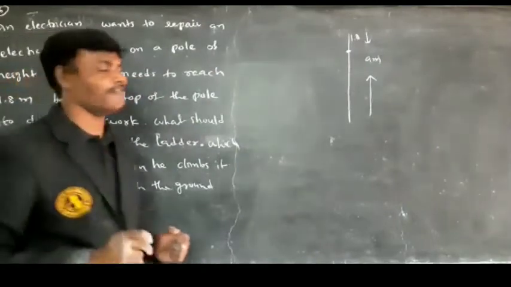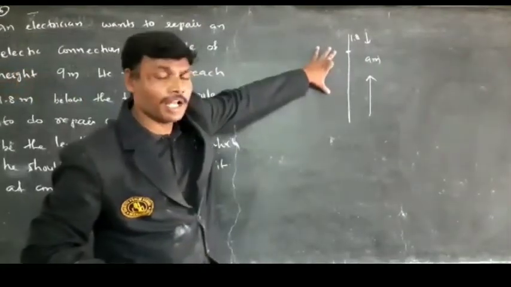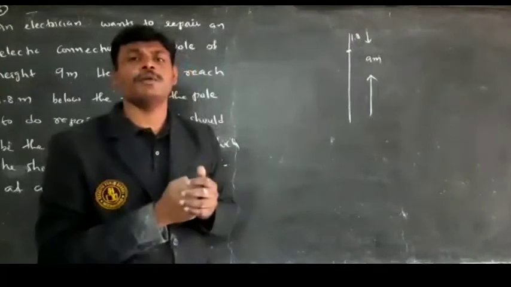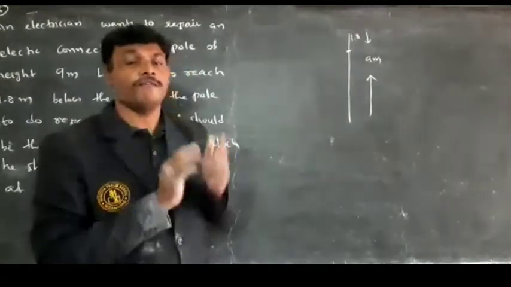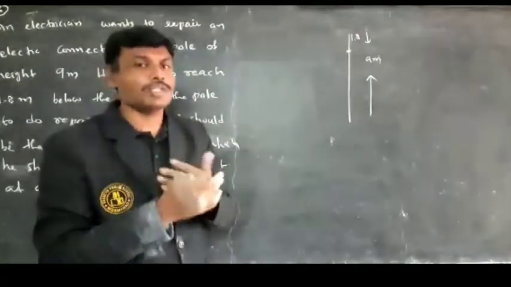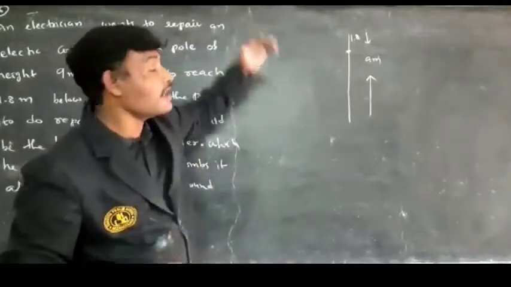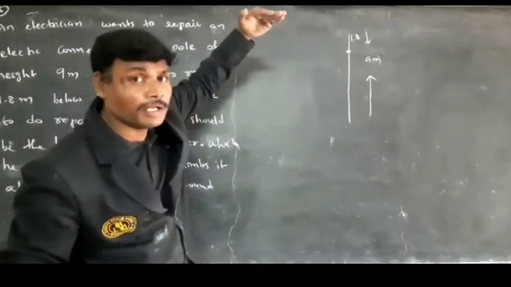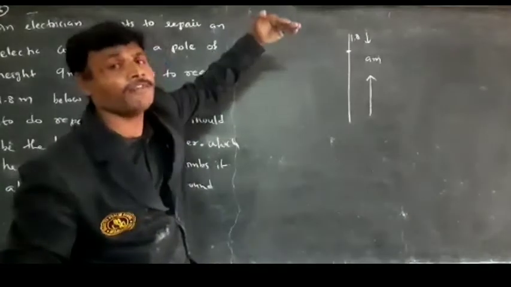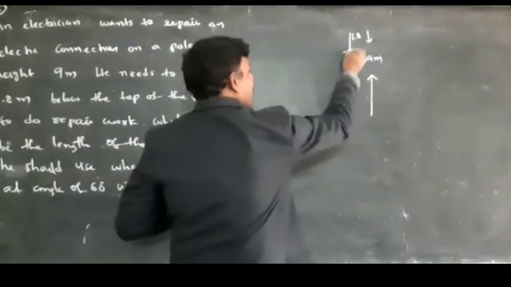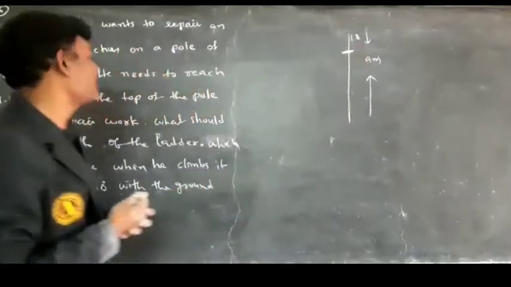Okay, now clear the question. Here one electrical pole is there. Height of that pole is nothing but 9 meters. One electrician wants to do some electrical repairs. He wants to reach 1.8 meters below the top of that pole. It means he wants to reach up to here.